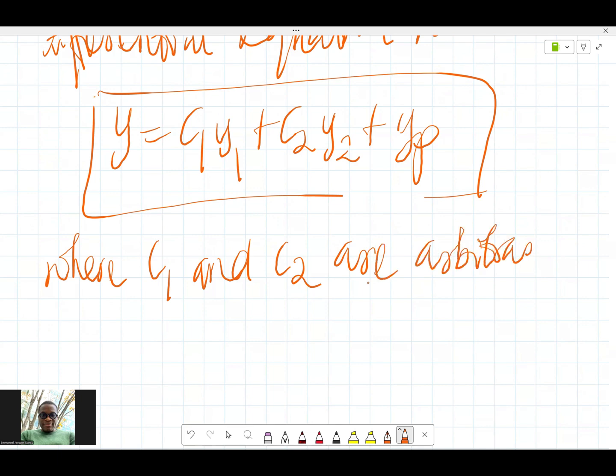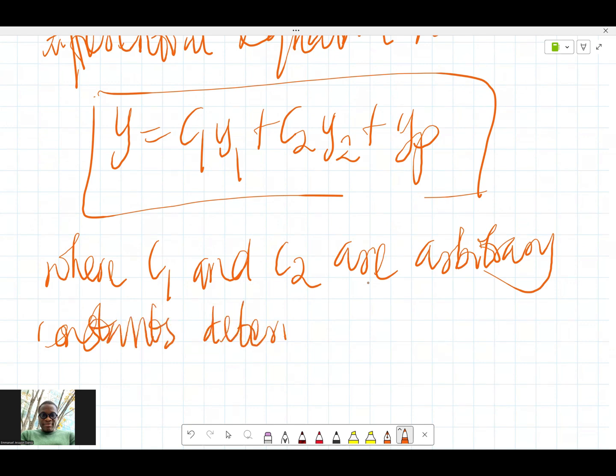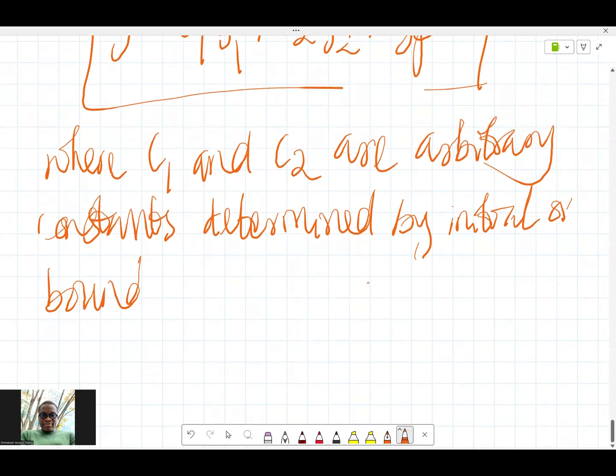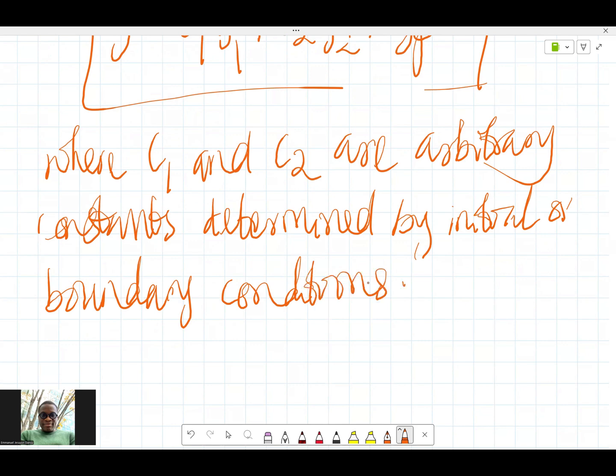We've used this a lot. The arbitrary constants are determined by initial or boundary conditions. So if you have initial conditions or boundary conditions, you can get rid of the constants.